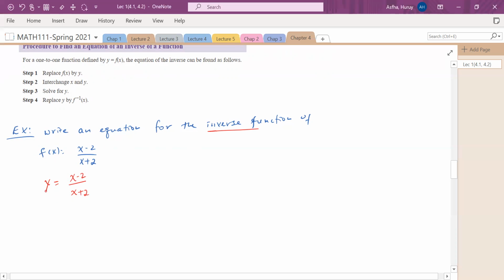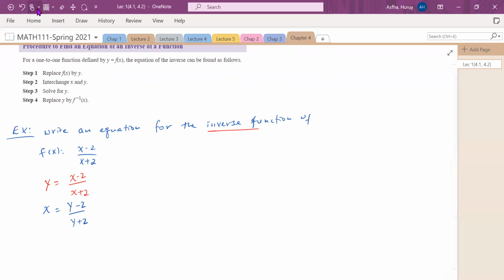And then the next step is we interchange y and x in this equation. Bring x here and change this x to y, both of them. So that becomes x equals y minus 2 over y plus 2.